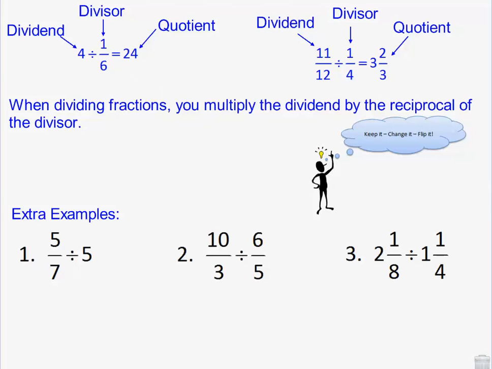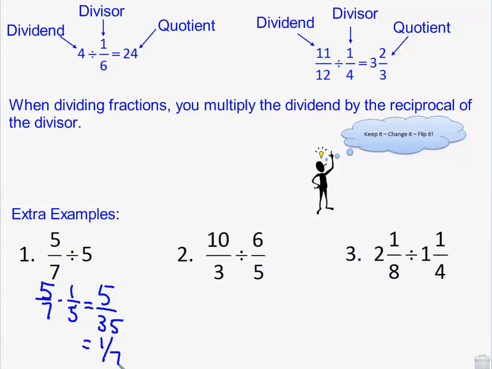Let's look at a few more examples of keep it, change it, flip it to better understand what's going on. So in number 1, I'm going to keep 5/7, change that to multiplying, and then I'm going to flip 5 over to 1/5. I'm going to now multiply my numerators and my denominators, so I'll get 5/35. And since both of those are divisible by 5, I'll reduce that down to 1/7.